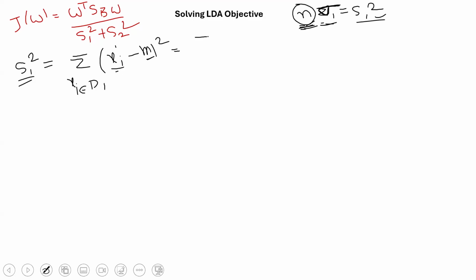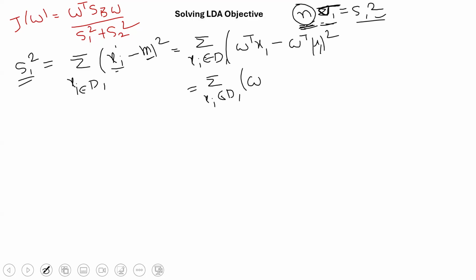So I'm trying to write this as, for every xi that belongs to D1, category 1, xi cap can be represented as W transpose into xi minus m1 can be written as W transpose into mu1 whole square. Okay. So now this can be written as sigma for every xi that belongs to D1.